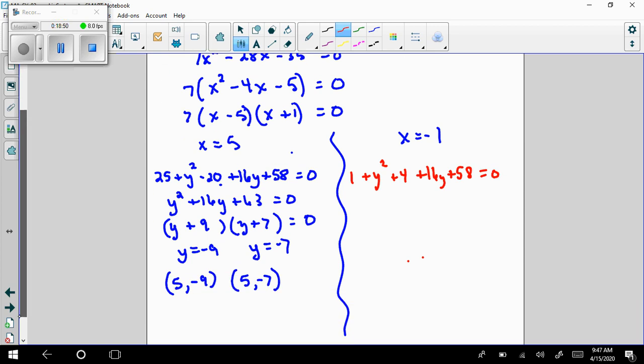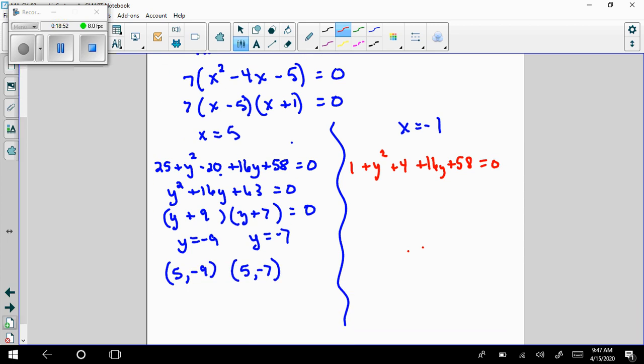So over here, I get 4 plus 1 is 5. So 58 plus 5 is 63. So again, these are the same. Doesn't always happen, but in this case it did.